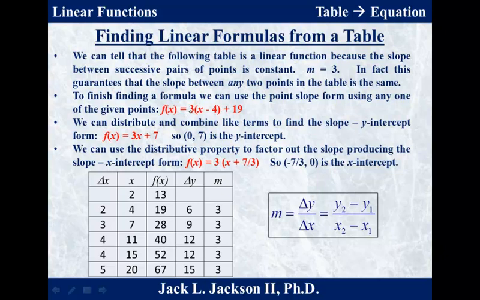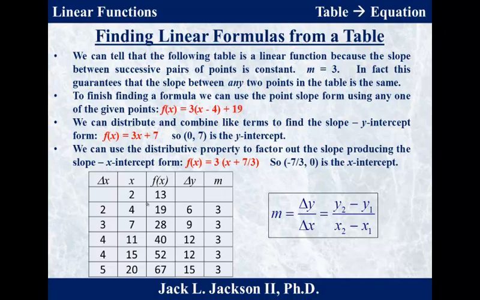So f of x equals m was 3, parentheses x minus, well, pick a point. I picked the second one, 4, here, plus the y of 19. I could have also written 3 times x minus 2 plus 13, or 3 times x minus 15 plus 52. I could pick any of the points that are in the table.